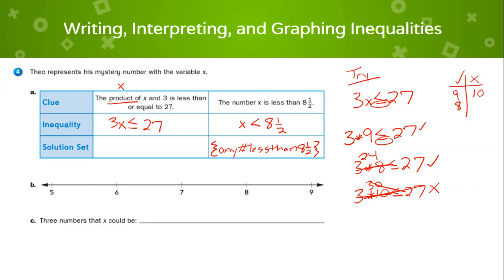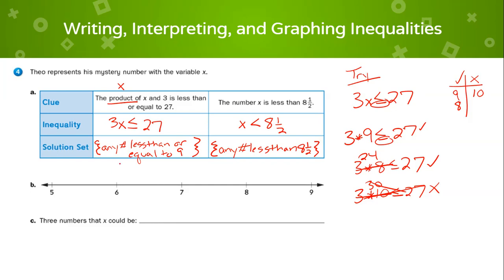So the number 10 doesn't work. So I think we can figure out our pattern here. If 9 works, it makes them equal. That's as high as it can be. So our solution set is going to be any number less than or equal to 9.